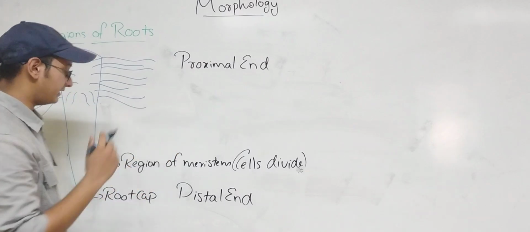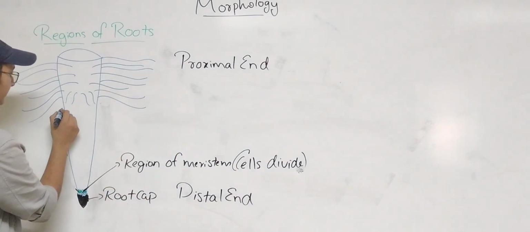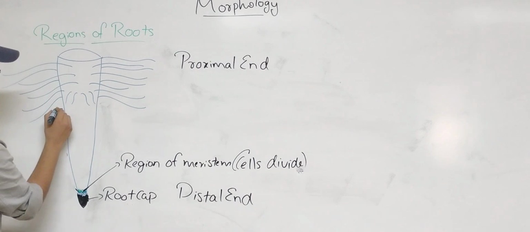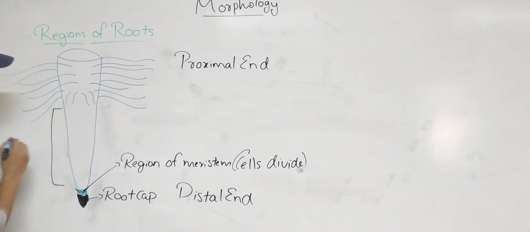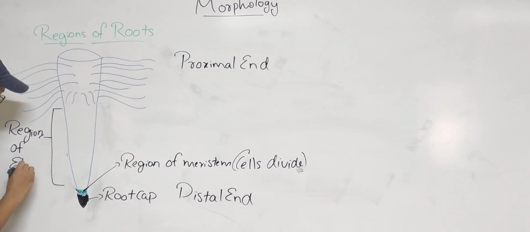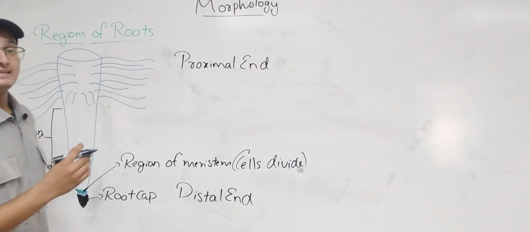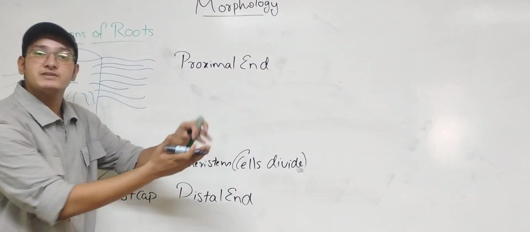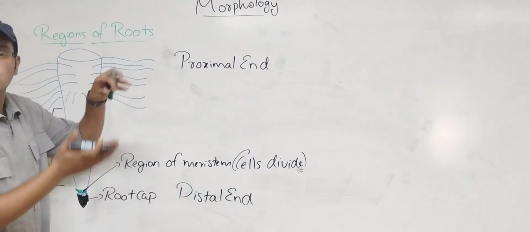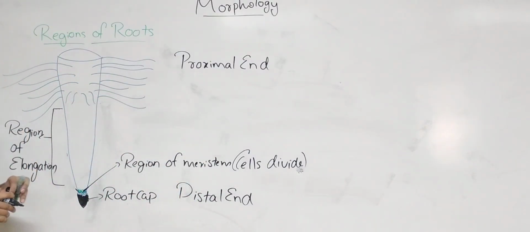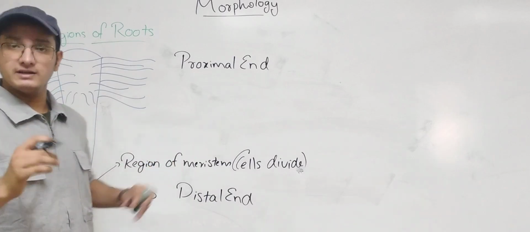Here the cells divide, and the region which is proximal to this, from here to here, is known as the region of elongation. Here the cells grow. Just because of this, the roots are very long in nature.